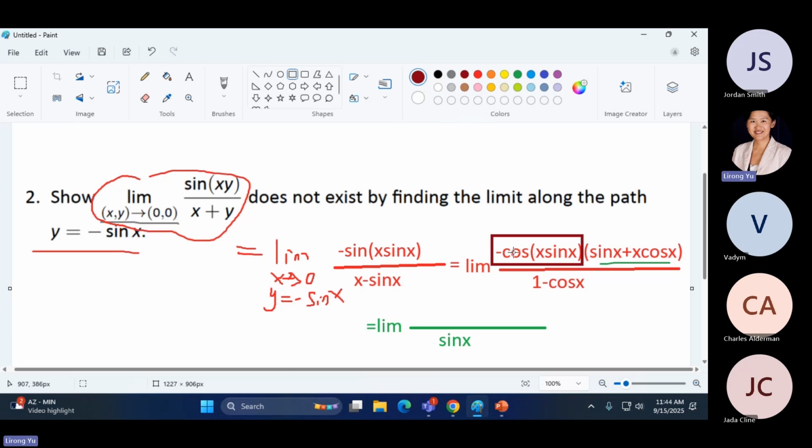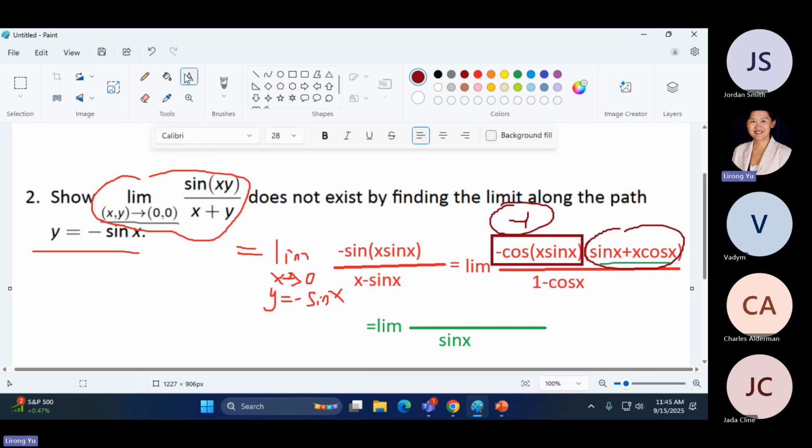This one has a limit value when x approaches 0. This has cosine 0, which is negative 1. So that will always be negative 1, and I'll consider the limit being negative 1 in that part. In this one, we do the L'Hopital. I'm just trying to simplify the calculation. I don't want to do another product rule to make the numerator an even longer summation.